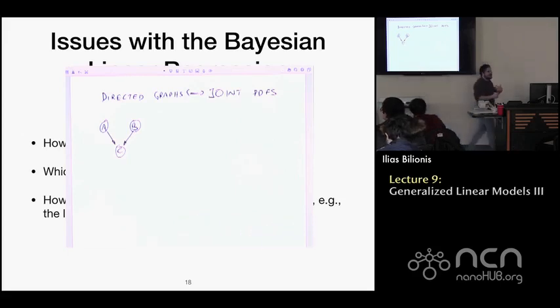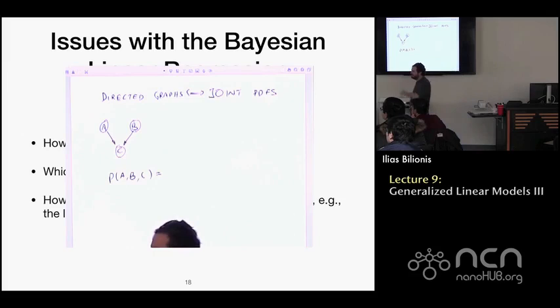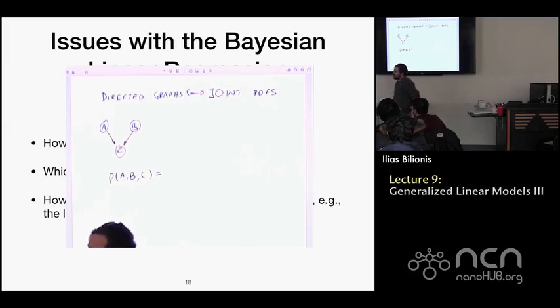So now I'm going to write down the joint distribution for this graph. Again, I have probability of A, B, and C. Yes? In this graph, does it mean that for C to happen, A and B both have to happen, or either of them? Yeah, they both have to happen.